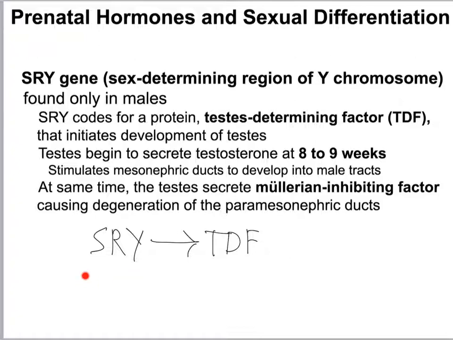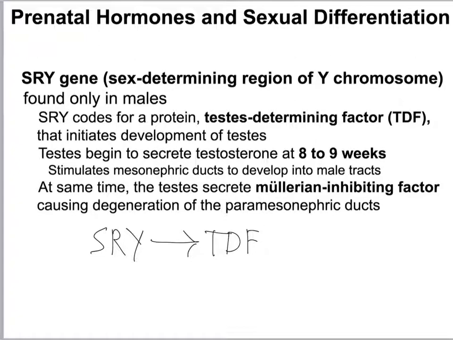SRY stands for sex-determining region of the Y chromosome. If you have a functional SRY gene, you make testes-determining factor, and you develop testes. If you don't, then you develop ovaries and uterus.